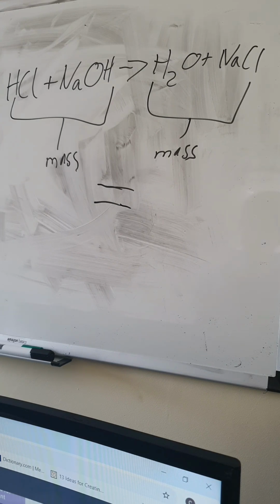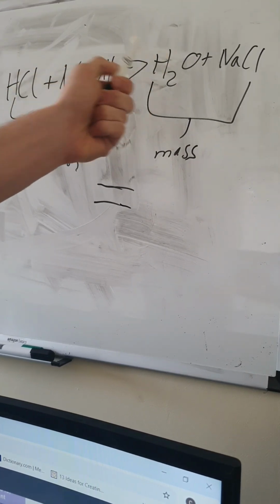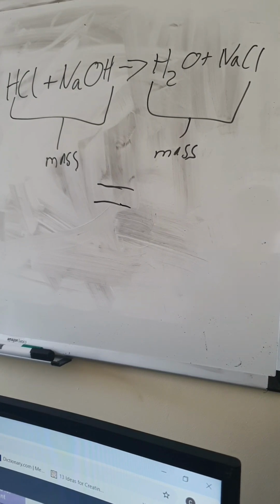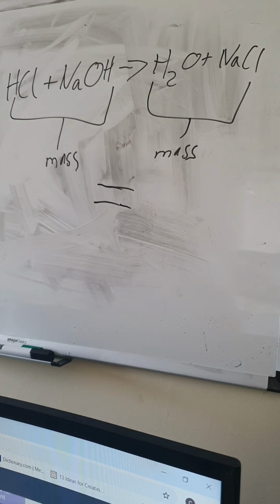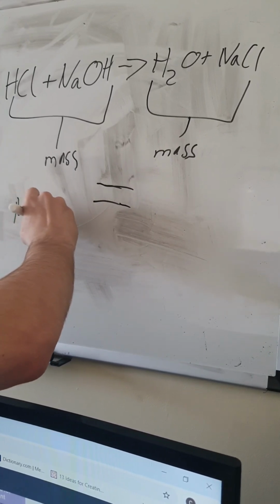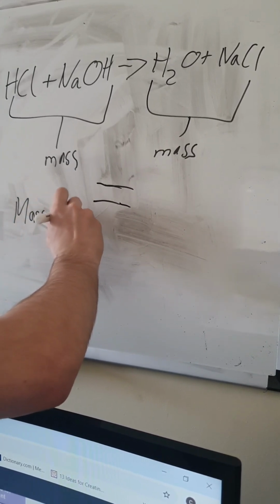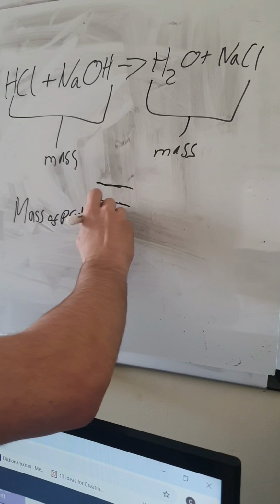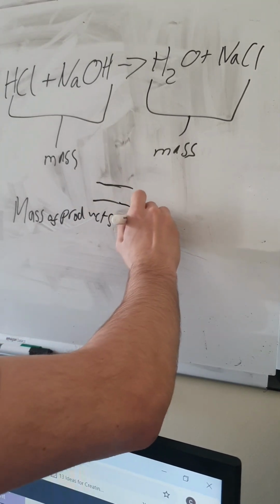They're just there. And you can change them around, so you can change it so that the hydrogen is with the oxygen now. But it doesn't mean that you're just making atoms and creating atoms. So another way of putting it is mass of products equals mass of reactants.